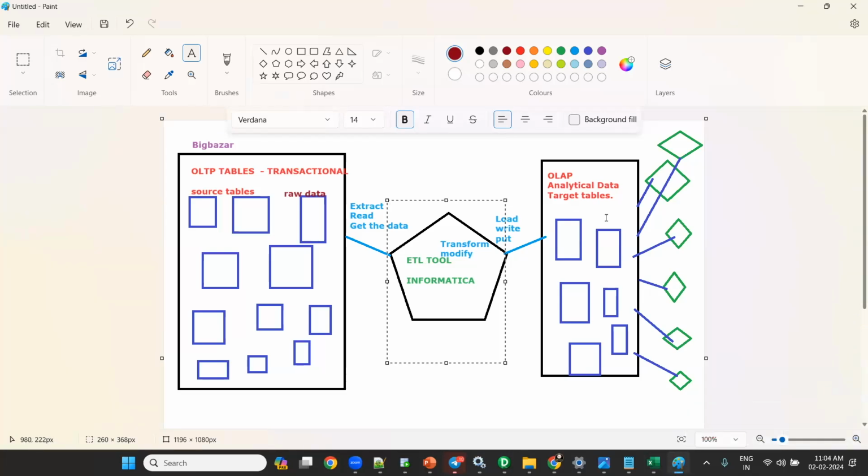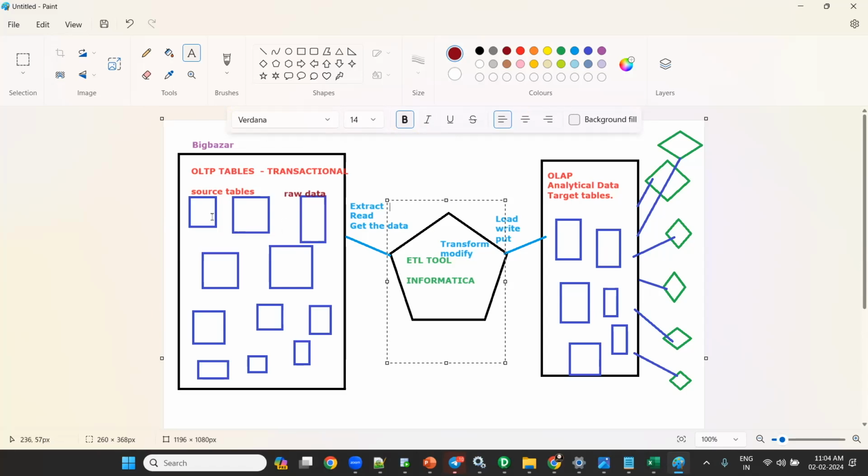So I am the client. I have given raw material to the contractor. If my expectation is that I want to live in that building, and you give it without painting and without tiles, can I live? No. Same way, Big Bazaar, I gave some data. I analyzed the data, and if I give the tables directly, they will not understand.